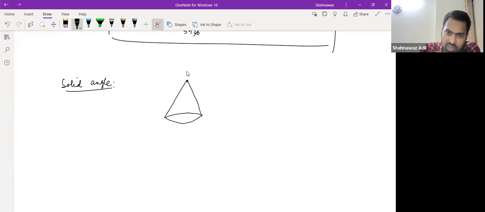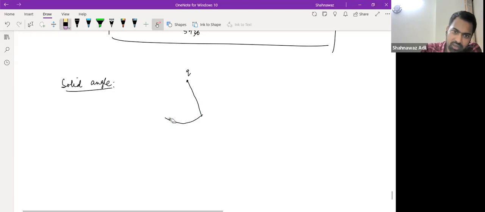The charge was placed at the apex of this cone, and we calculated the electric flux through this base, which was circular.